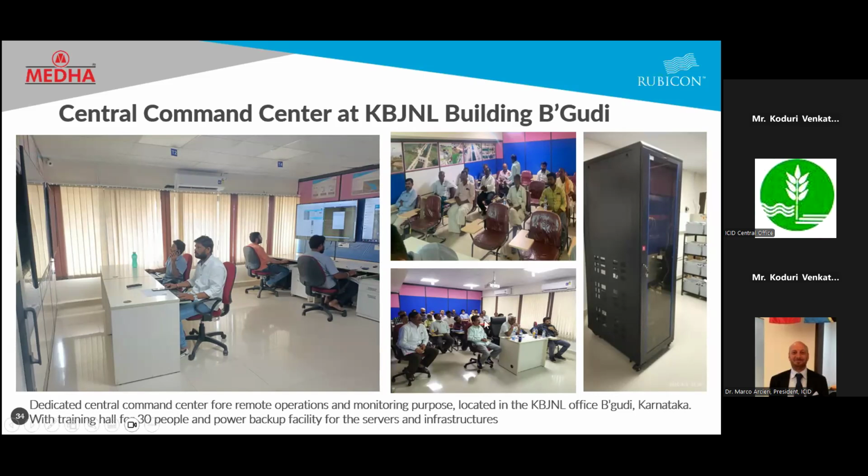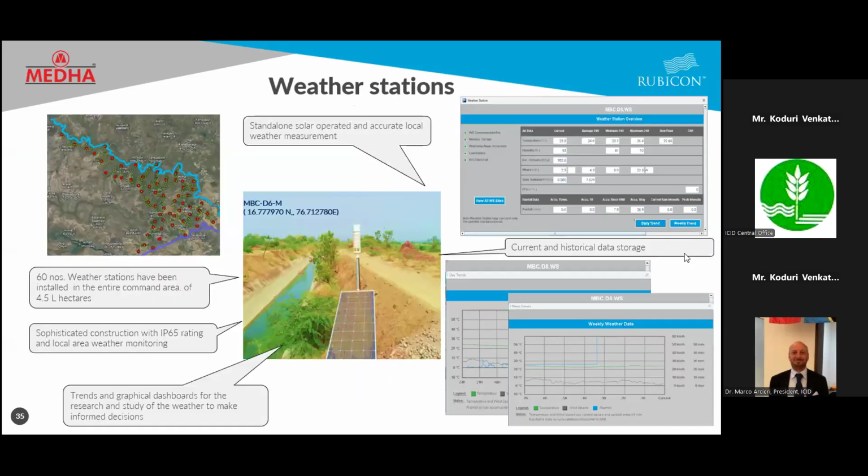Also, there is a training hall for the training of the farmers as well as the engineers, and the command center has dedicated servers and a battery backup, along with its own diesel power generator, for maintaining power at this location.